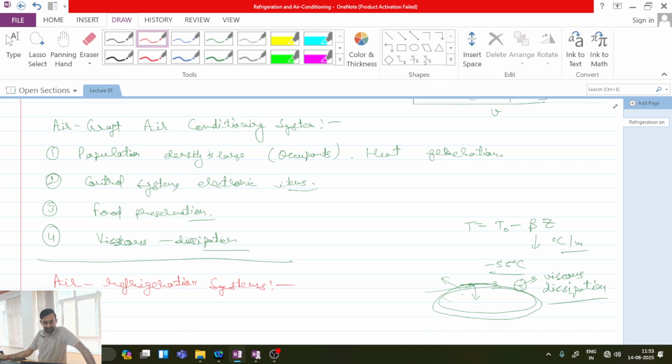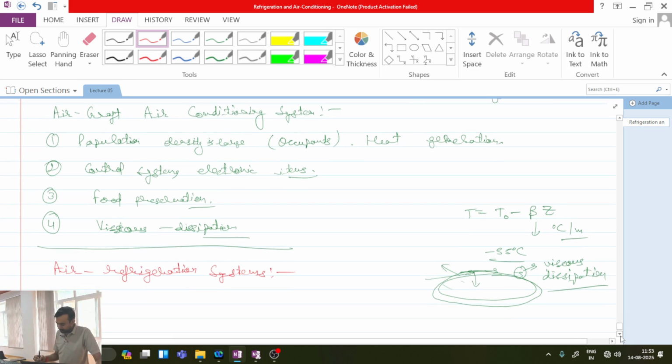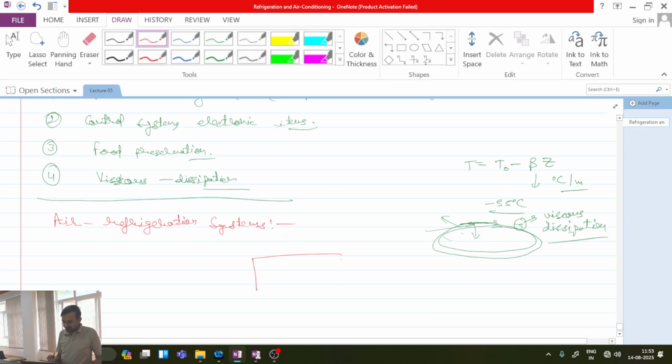Second important point is, whenever I am using the air refrigeration system, once the air is cooled after the expansion process at the exit of the turbine, that air I can directly dump into the cabin. I need not use one additional heat exchanger for cooling the cabin. For example, this is my cabin.